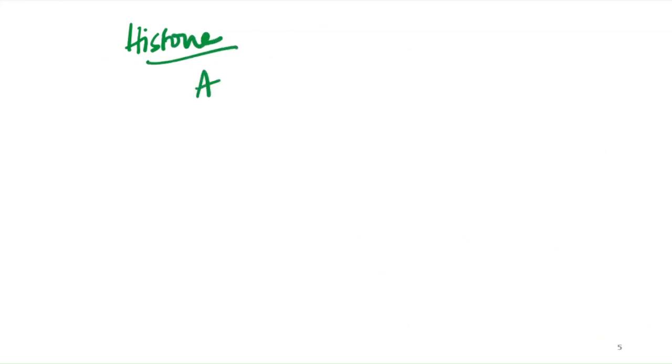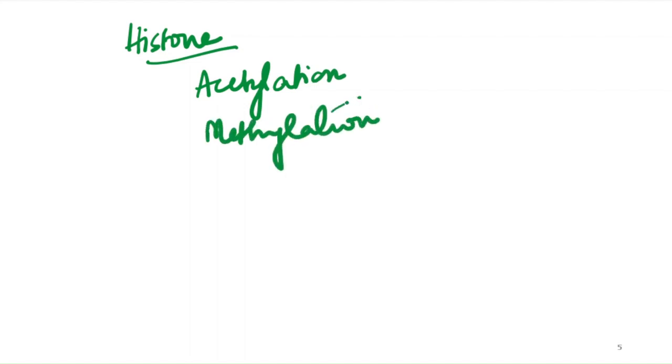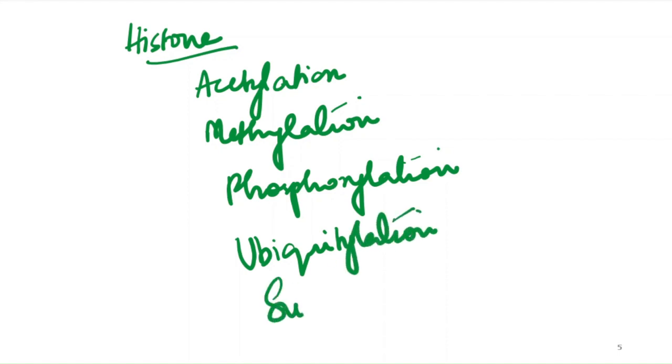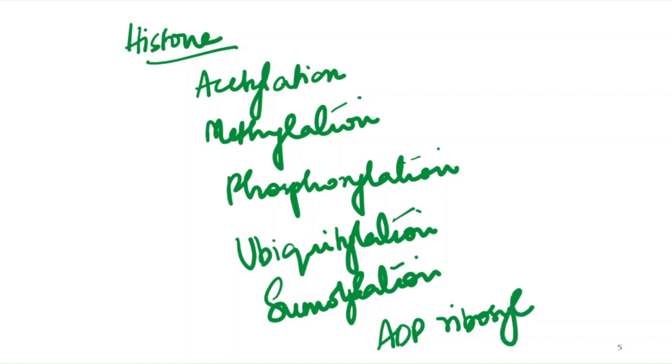The first modification is acetylation, the second is methylation, the third is phosphorylation, the fourth is ubiquitination, then sumoylation, and ADP ribosylation. So these are the different histone modifications.